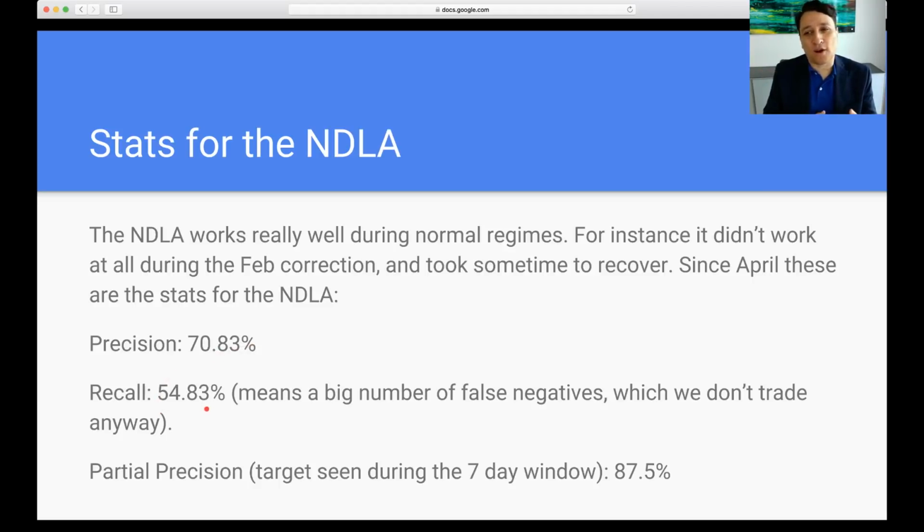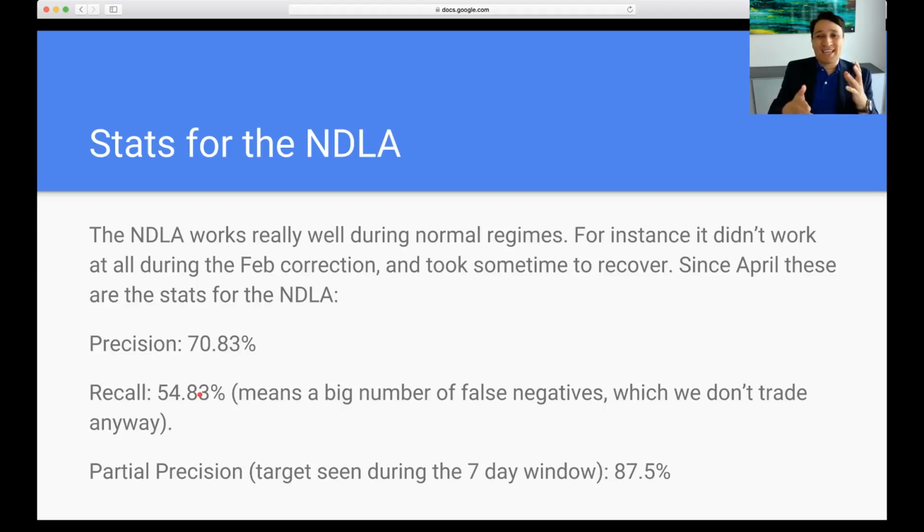What is recall? If you are familiar with binary classifiers, recall is a measure of false negatives. Low recall means that we missed signals that should have been positive. It's kind of low, around 55%. I would say that's lowish. That means we have a lot of false negatives.